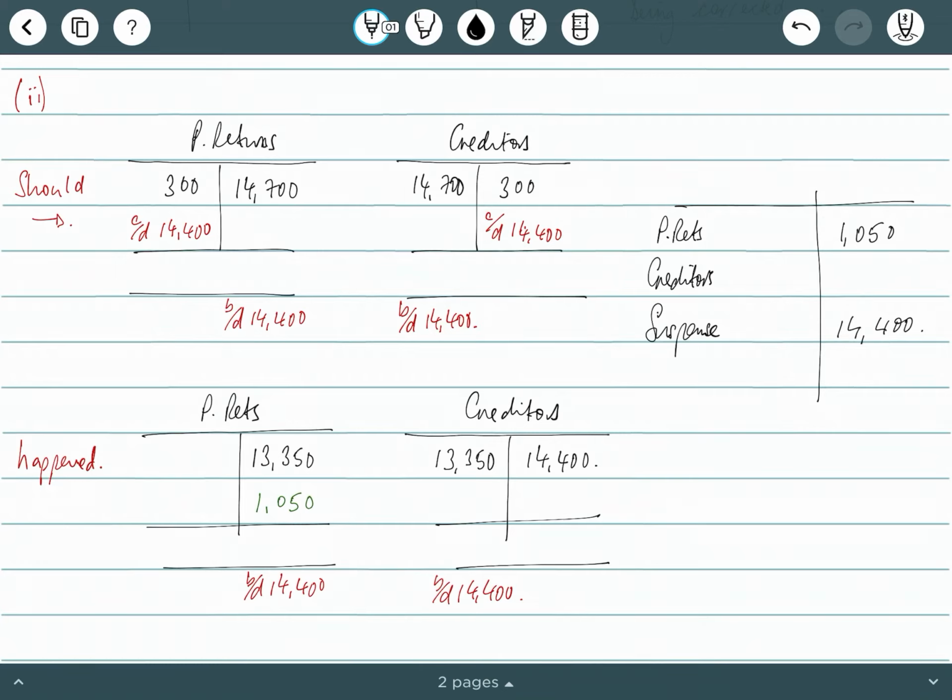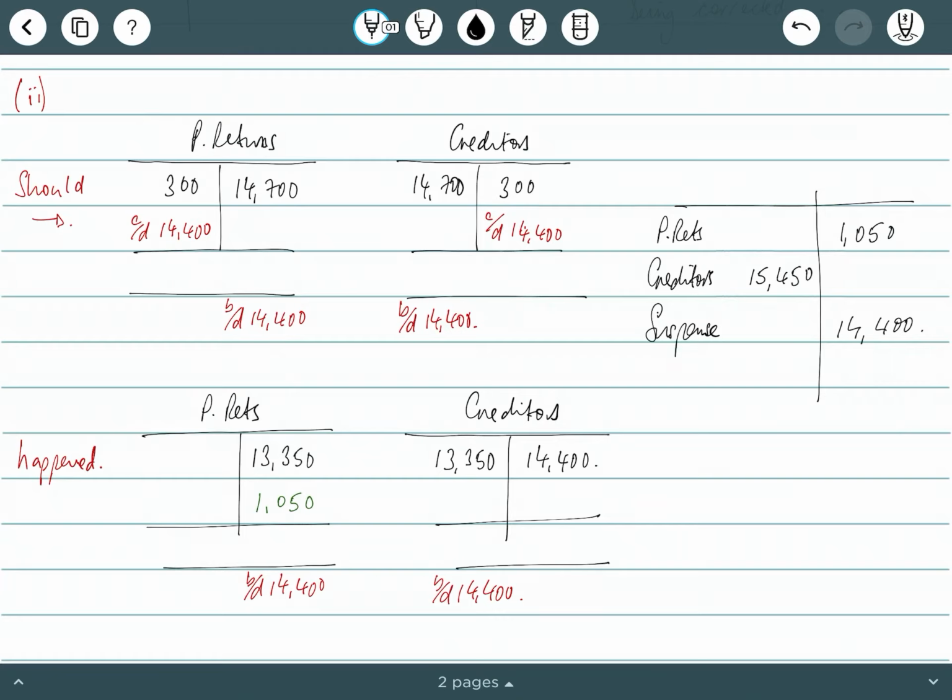If you add 14,400 to 1,050, well then we know that's going to be our creditor's figure. Our creditor's figure here, gentlemen, if you require a balance brought down of 14,400 on the debit side, you're going to want to put a figure in here. Okay, so that means that's going to be a credit entry in your general journal. Adding those two figures together, that 1,050 and 14,400, will give you 15,450.